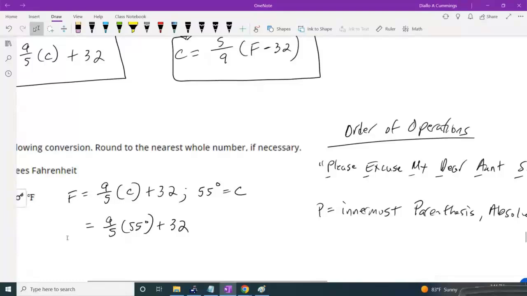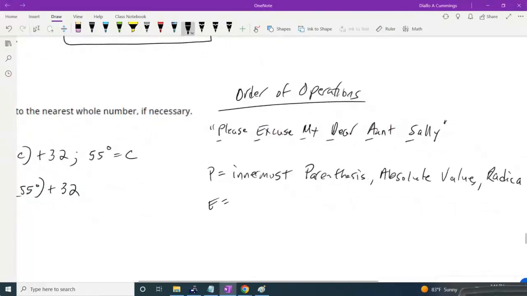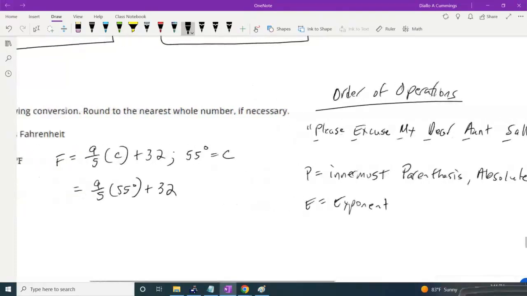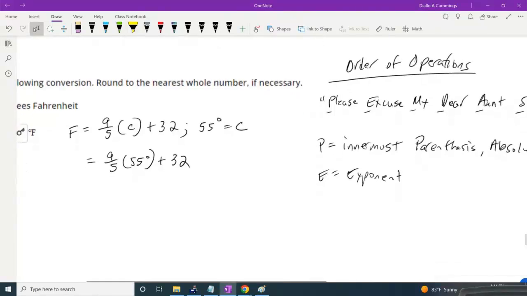So as I look at my equation, this 55 is not an innermost parenthesis. The parentheses allude to multiplication. There's nothing to simplify inside this parenthesis. That parenthesis means multiplication. E is for exponent. So I don't have any innermost parentheses. I don't have any exponents.